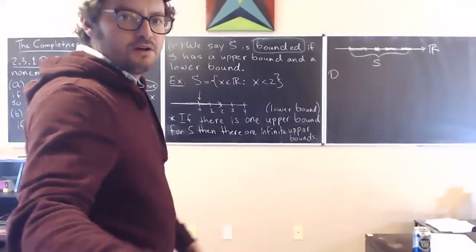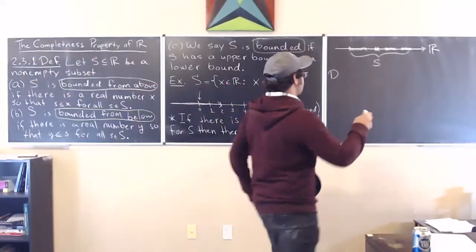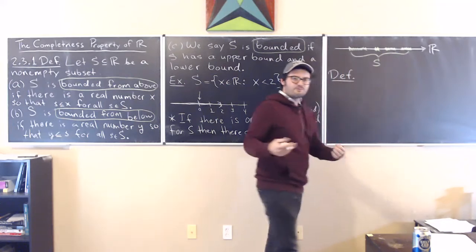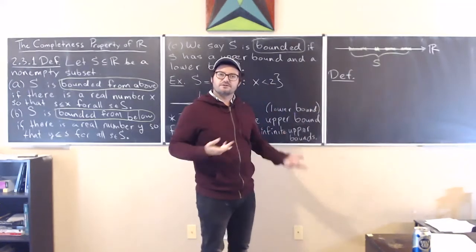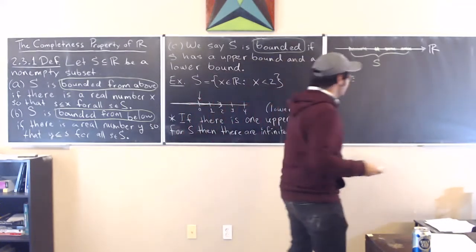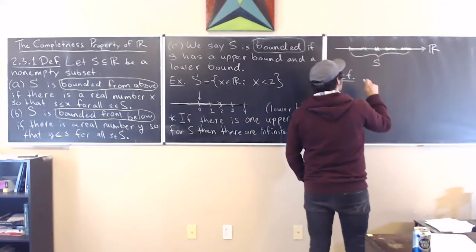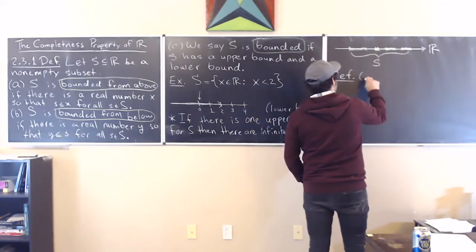Okay, so recording again, I'm going to write down this definition that is going to be concerned with the smallest and the biggest bounds on a bounded set. So let's say, part A, I guess.